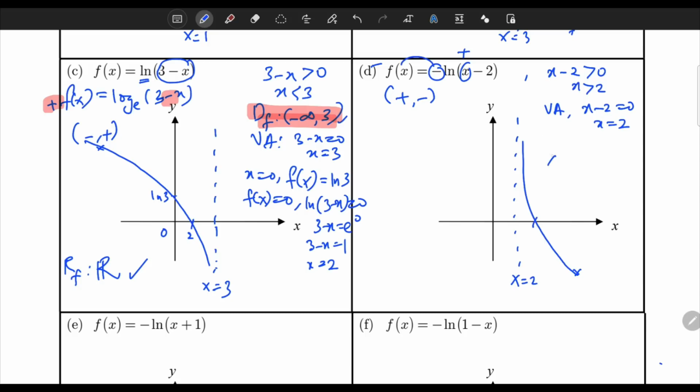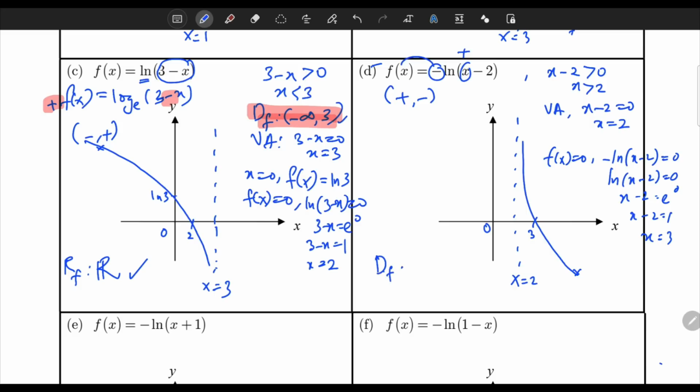So when we have f(x) to be 0, so negative ln of x minus 2 equals 0. Okay, so ln of (x minus 2) equals 0. So x minus 2 equals e to the 0. So x minus 2 equals 1. So x equals 3. So this is your 3. Okay, this is the origin.